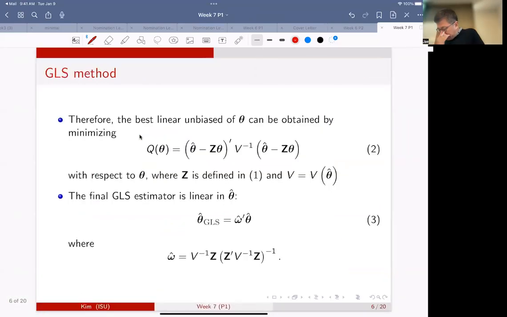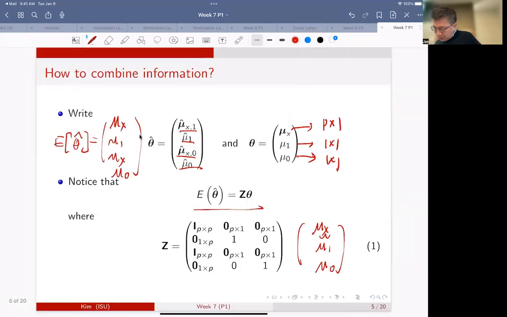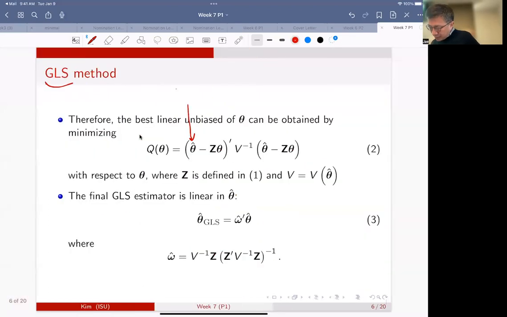That basically means I can use some kind of a GLS method, generalized least squares method. This is my initial estimator, let's call it the initial, or direct, and unbiased estimator.